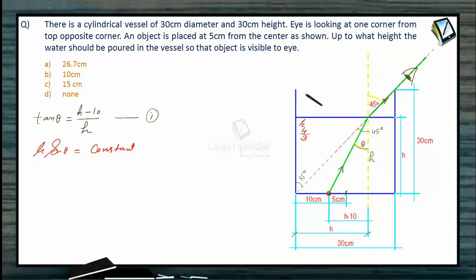Okay, and outside here it is air. So refraction is from water to air. That means 4 by 3 is the mu for the water into sine theta is equal to 1, the refractive index of air, into sine 45 degree, because the angle of refraction here is 45 degree. So it is basically 1 by under root 2.